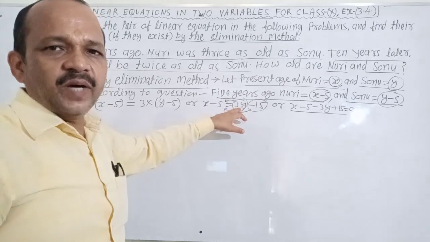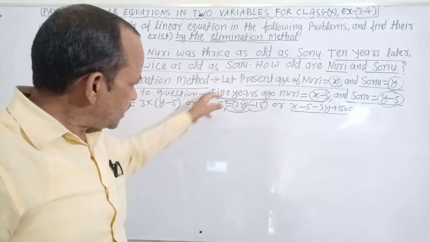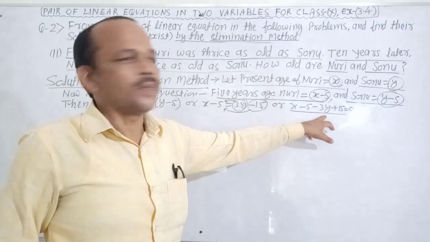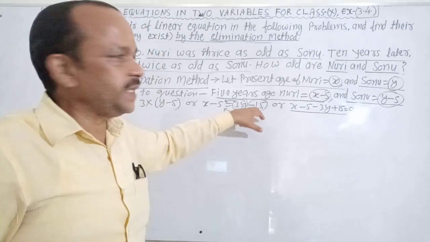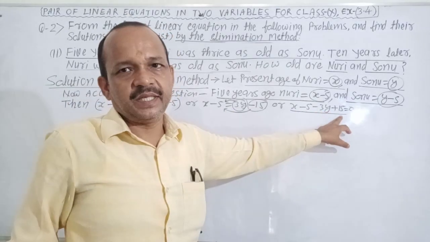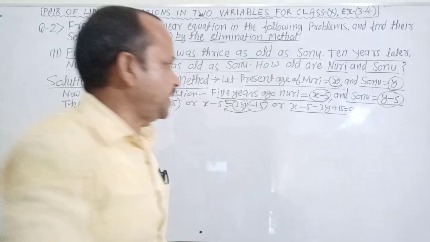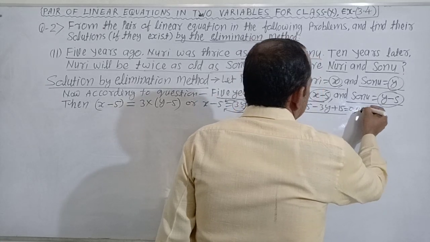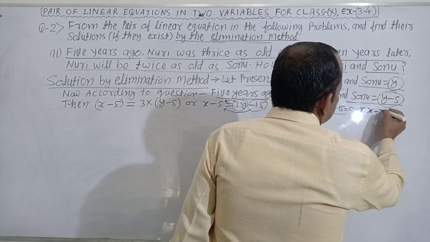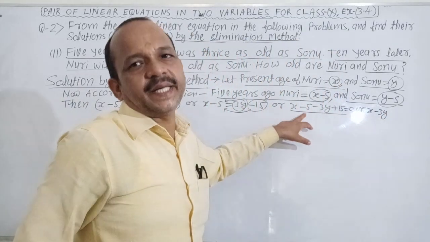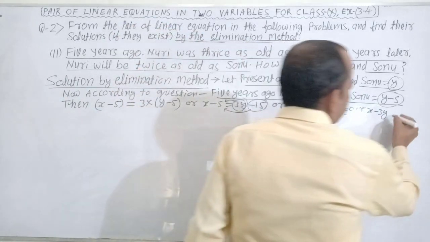Here plus 3y, when you write it on the left side of the equal sign, becomes minus 3y. Here minus 15, when you write it on the left side, becomes plus 15. Now you can write it: x minus 3y, here plus 15, here minus 5, becomes plus 10.